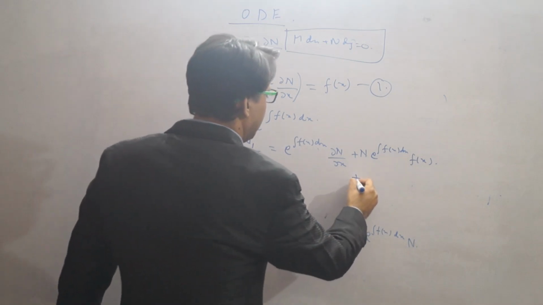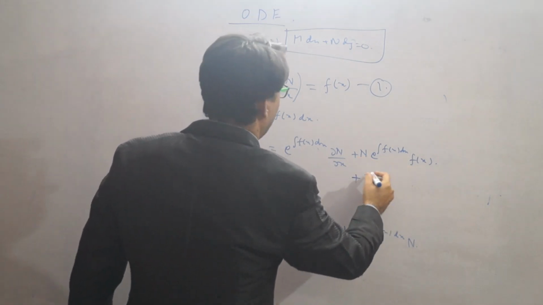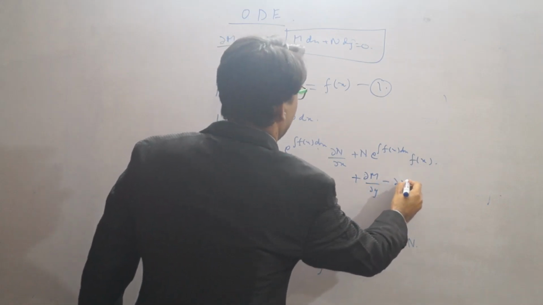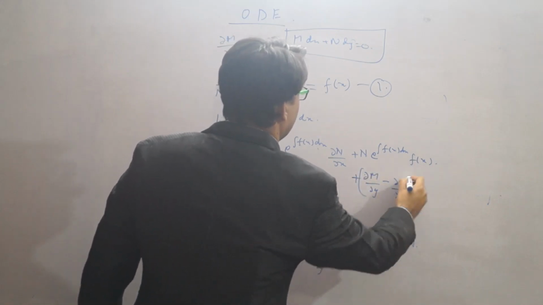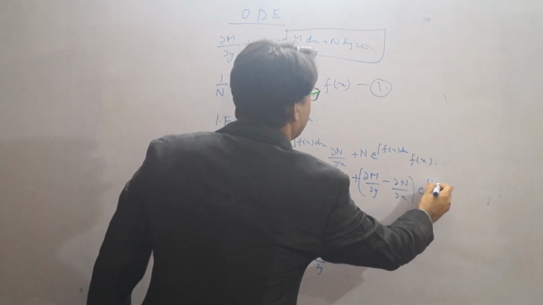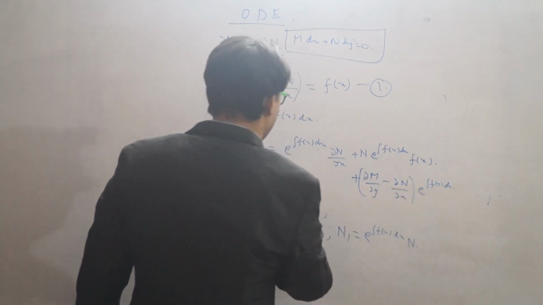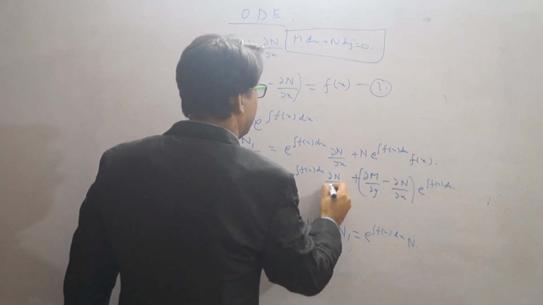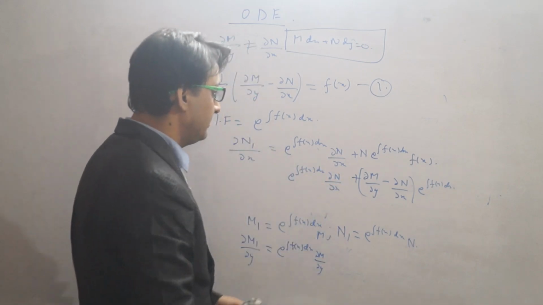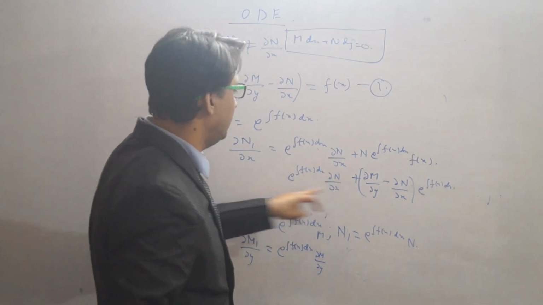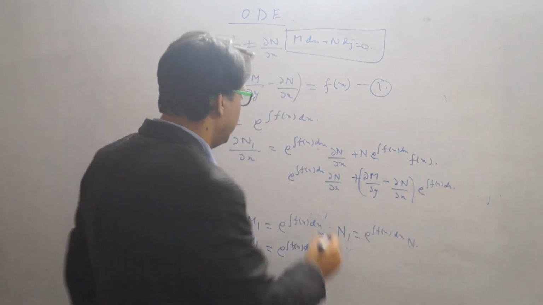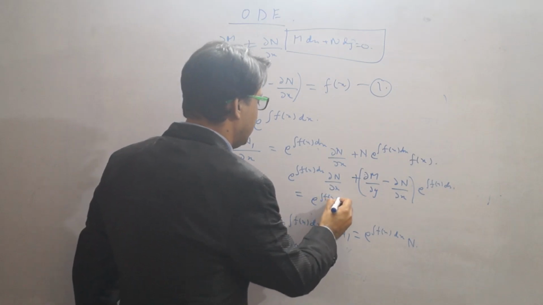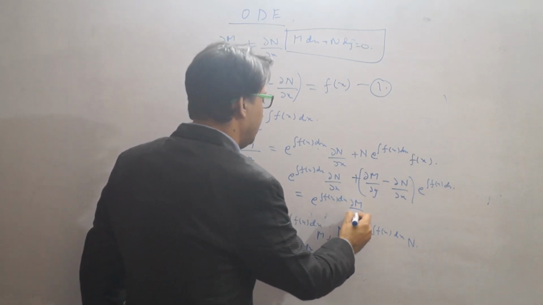So N f(x) is how much? ∂M/∂y − ∂N/∂x, times e to the power integral f(x) dx. This is e to the power integral f(x) dx times ∂N/∂x. Okay. So this whole thing and this whole thing get cancelled. So we are only left with e to the power integral of f(x) dx times ∂M/∂y.